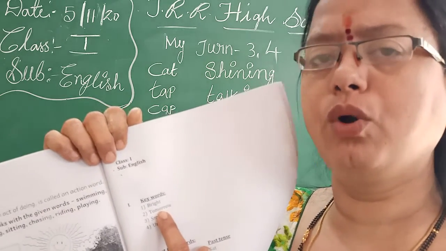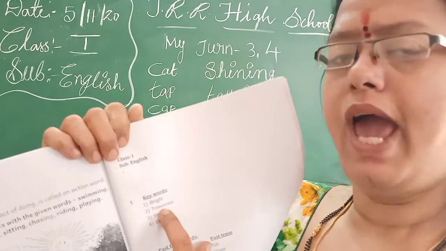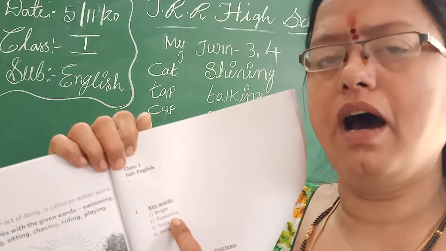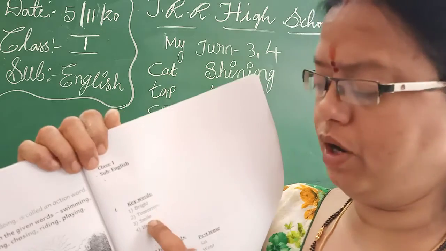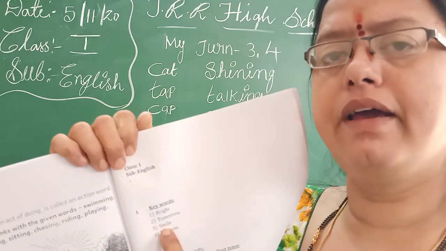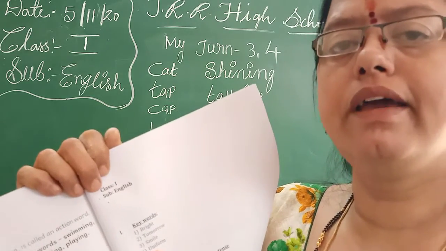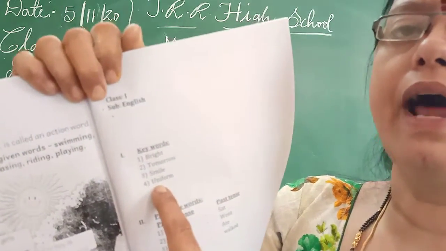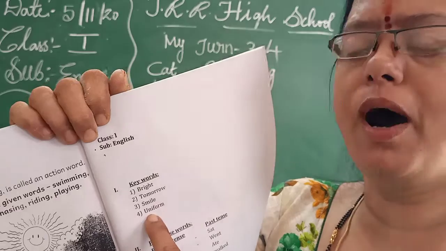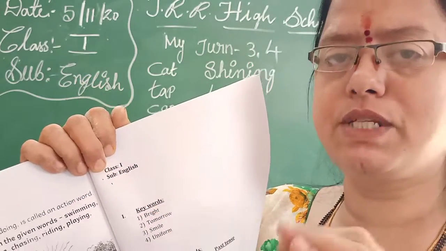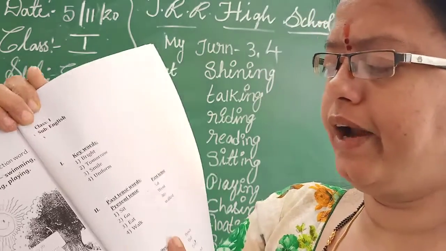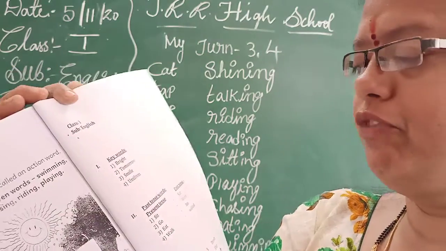T-O-M-O-R-R-O-W, tomorrow. S-M-I-L-E, smile. U-N-I-F-O-R-M, uniform. So these are the keywords, 5 keywords you have to learn and write, Nana. Okay. I will give you homework, beta.